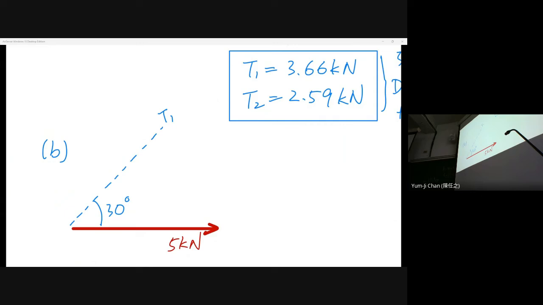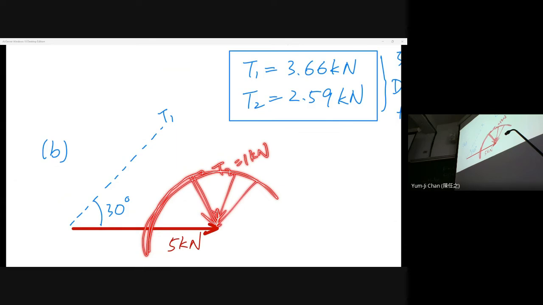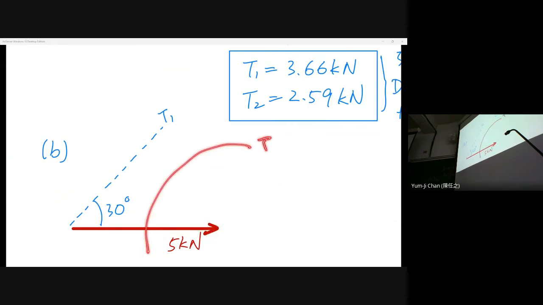But for example, if T2 is equal to 1 kilonewton, but we don't know the angle, then T2 will go here or here or here or here, right? If T2 is equal to 2 kilonewton, then it will go this way or this way or this way, right?